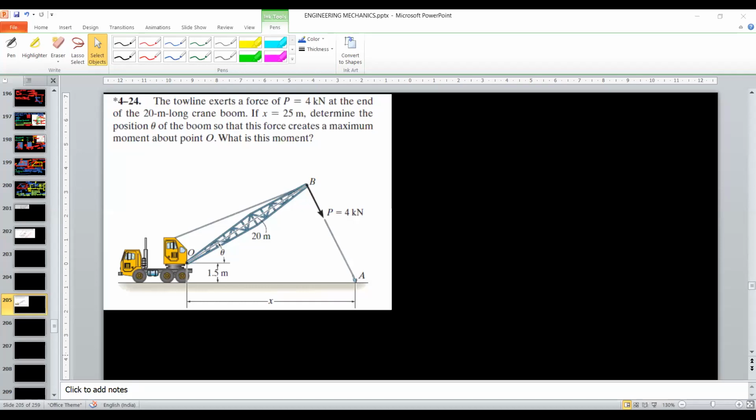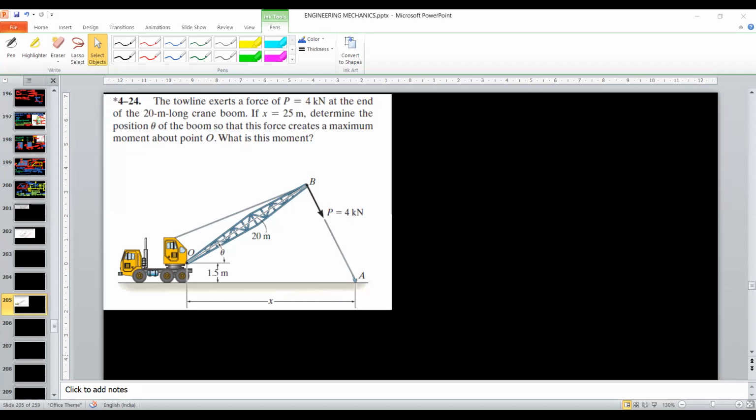So let us take that we are applying F, F, and F in 3 different directions, and we want the moment about the point O or A. The maximum moment will be created in this condition, when the force is exactly perpendicular to the moment arm.